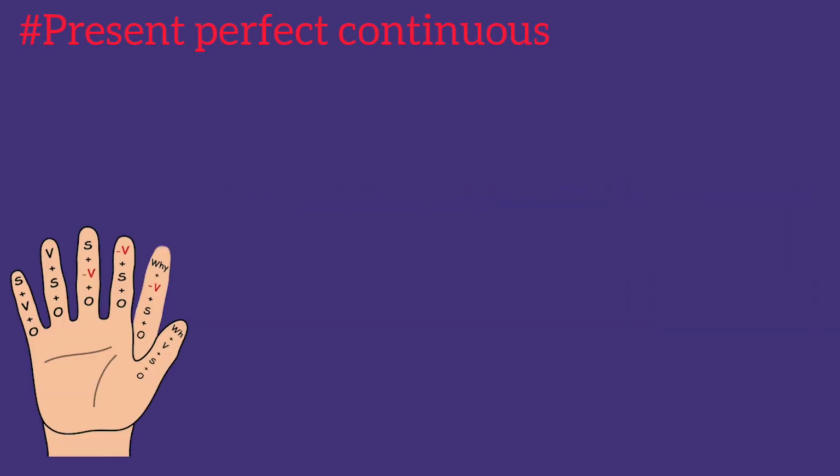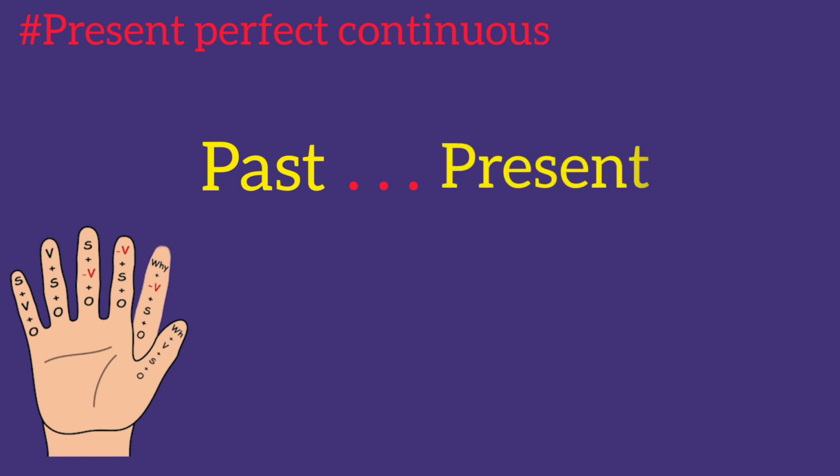At last, the present perfect continuous tense is used if any action which started in the past and went on for a period of time comes to the present and continues for a while, and when it continues in the future also.